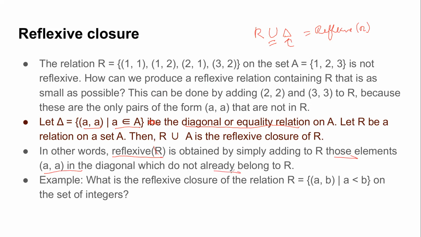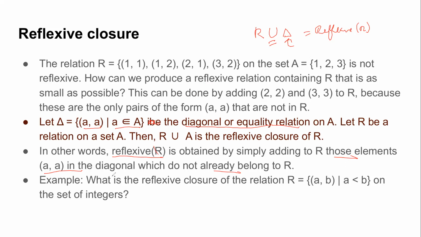If you do this, then you are able to get the smallest possible reflexive relation of R, right? So what is reflexive closure? It is the diagonal elements which are not already in R. If you take its union with R, that is your reflexive closure, the smallest possible reflexive relation containing R.